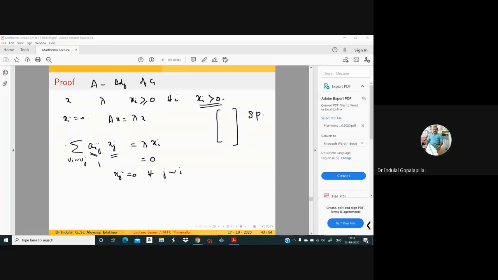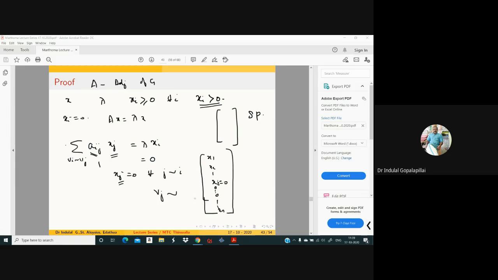So we have, for Vi, the entries corresponding to vertices adjacent to Vi are all zeros. So the eigenvector will look something like this: x1, x2, etc., Xi equal to 0, and there are some other 0 entries corresponding to the vertices adjacent to Vi, etc. Then we repeat this argument by taking any other vertex among these vj's, the corresponding entry xj is equal to 0, and when you expand along that row, we can see that the entries corresponding to the vertices adjacent to vj's are also zeros.